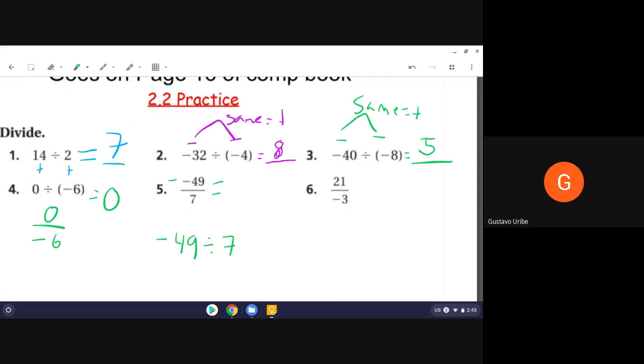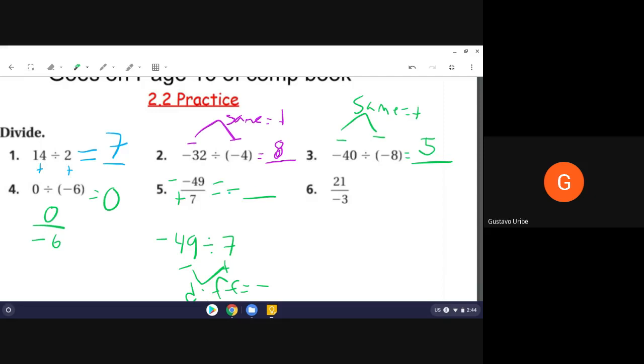Okay, this is a negative. This is a positive. This is a negative. These are positive. Okay, these are different signs. So different, my answer is going to be a negative answer. All right. 49 divided by 7 gives me what?